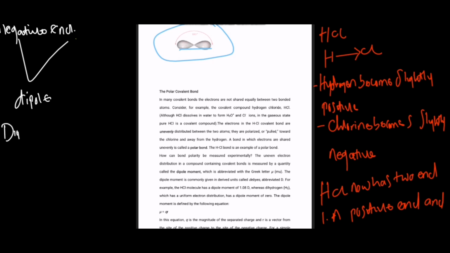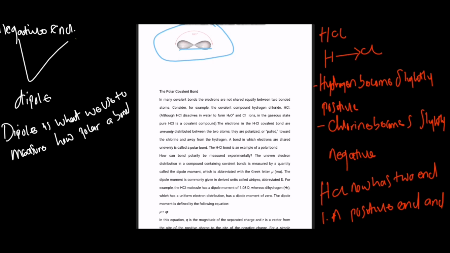The dipole, that is the two ends, the positive end and the negative end of a molecule, is what we use to measure how polar a bond is. Yes, that's what we use to measure how polar a bond is.